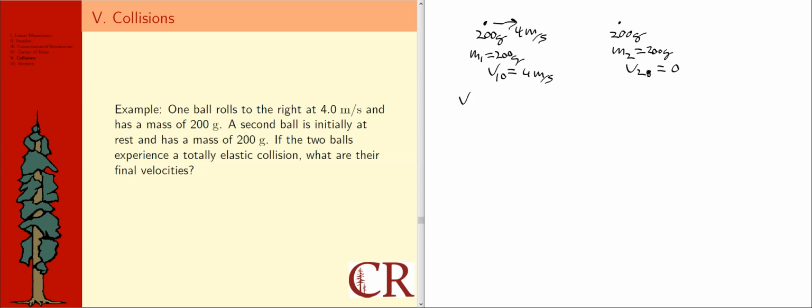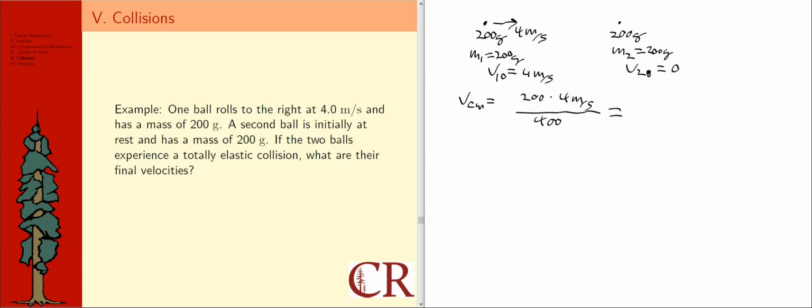Okay. So to do the center of mass way of looking at things, the first step is to find the center of mass velocity based on the information that's given, which means I'm going to take a weighted average. 200 times the 4 meters per second plus 200 times the second one's velocity, but that one is 0, so I'm going to ignore it. Divided by the total mass of 400.